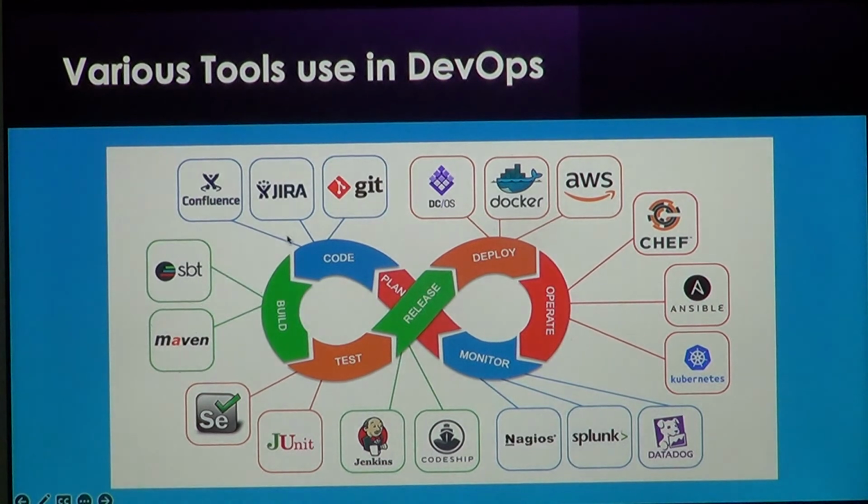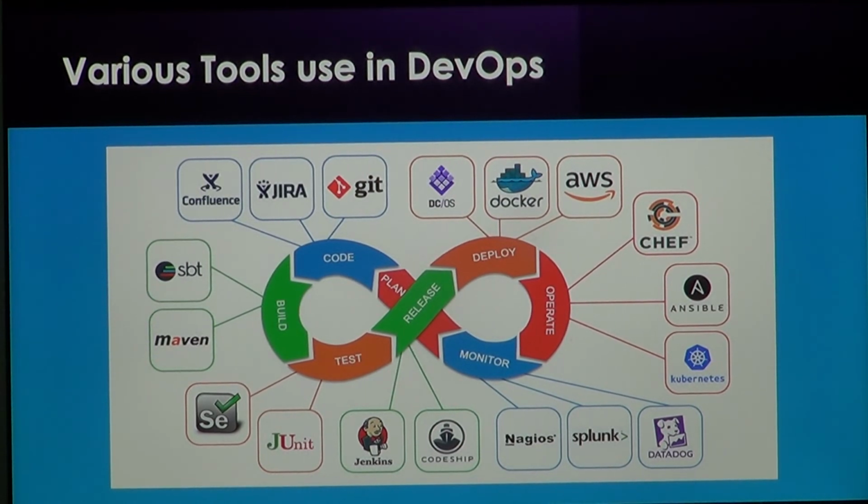So this slide is showing various tools used in DevOps, but some of these tools mentioned are very popular, like Git, Docker, Chef, Ansible, Kubernetes, and of course Jenkins. Jenkins is the main tool to integrate with all.